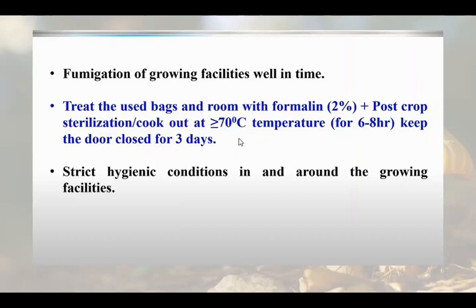Keep the door closed for 3 days. Once you are done with one mushroom crop, with all flushes from that cycle, then you have to completely treat the room and keep the door closed for 3 days. Strict hygienic conditions in and around the growing facilities. So we have seen different pathogens are attacking the mushrooms.